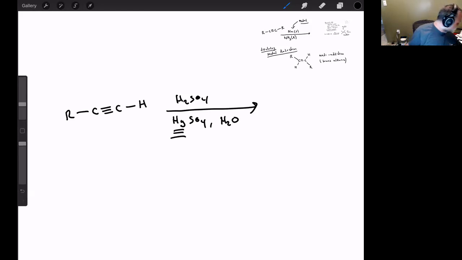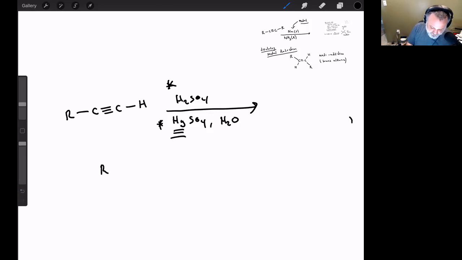Now, this isn't specifically oxymercuration, demercuration. It is acid catalyzed hydration, but it has the same result as the acid catalyzed hydration and the oxymercuration, demercuration from alkenes. I'm showing you both, the acid and the mercury, as a reminder that this is the Markovnikov addition of an alcohol.